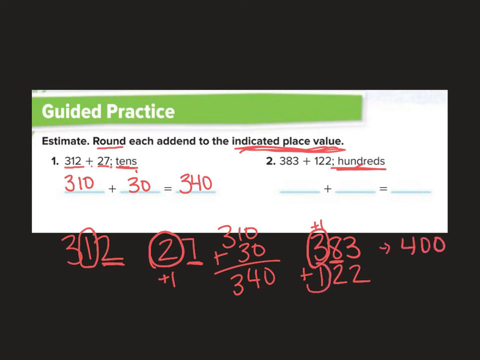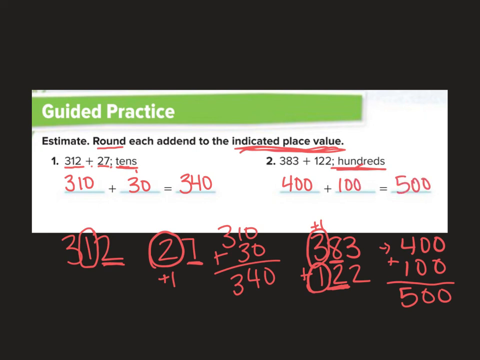Looking at the hundreds place, circle the 1, underline the 2. That 2 is 4 or less, so we're going to keep it the same at 100, adding together to get 500. Okay, sorry, I got ahead of myself. 400s plus 100s equals 500.